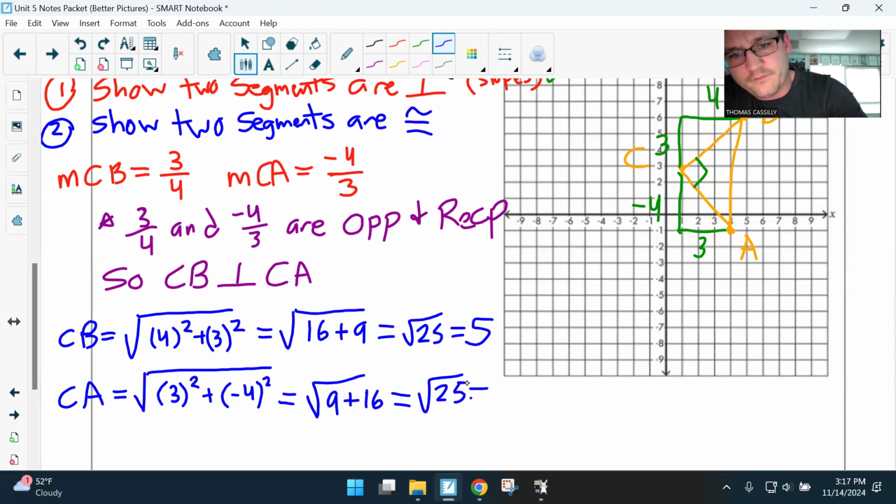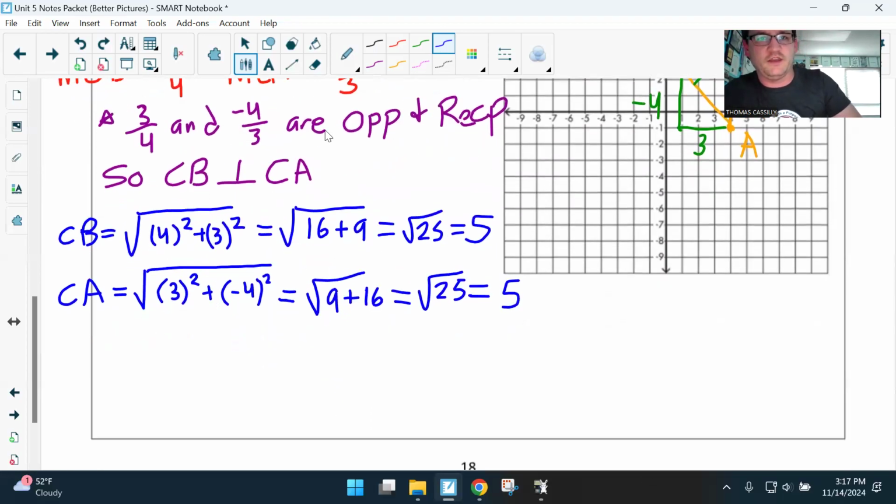The square root of 25 is 5. I'm typing the rest. I can't handle this.